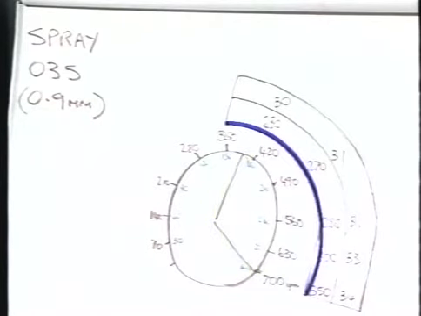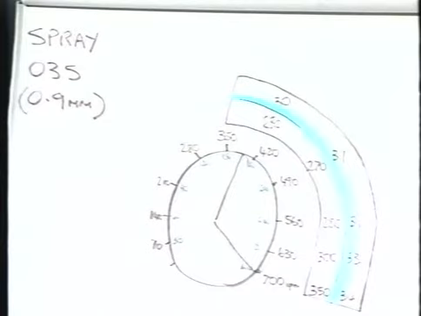The current range will be traditionally 230 to about 350 amps. The voltage range of 30 to 34.